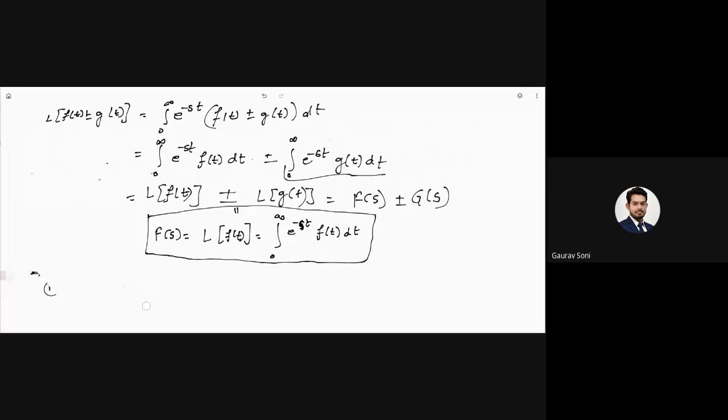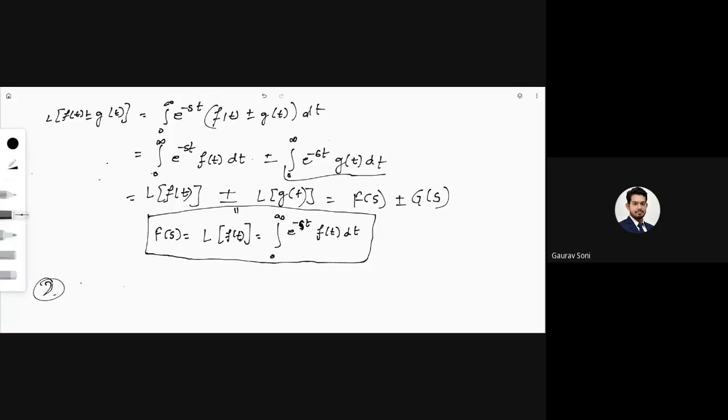So the first property says that the Laplace transform of the addition of two functions is nothing but the sum of the Laplace transforms of the two functions. So the Laplace transform separates over addition.